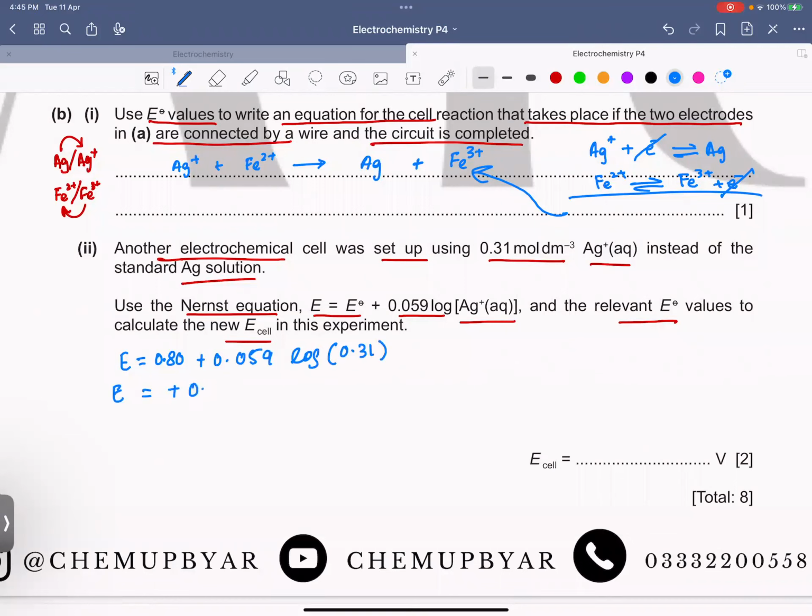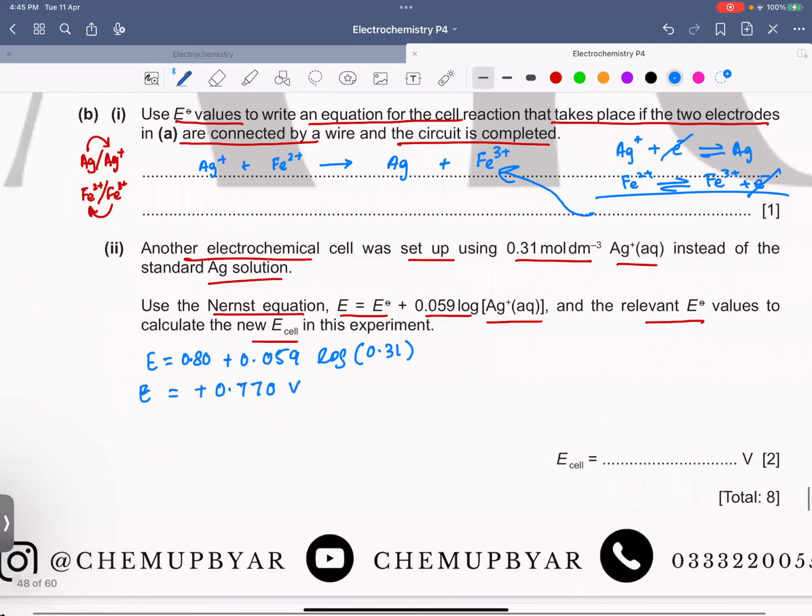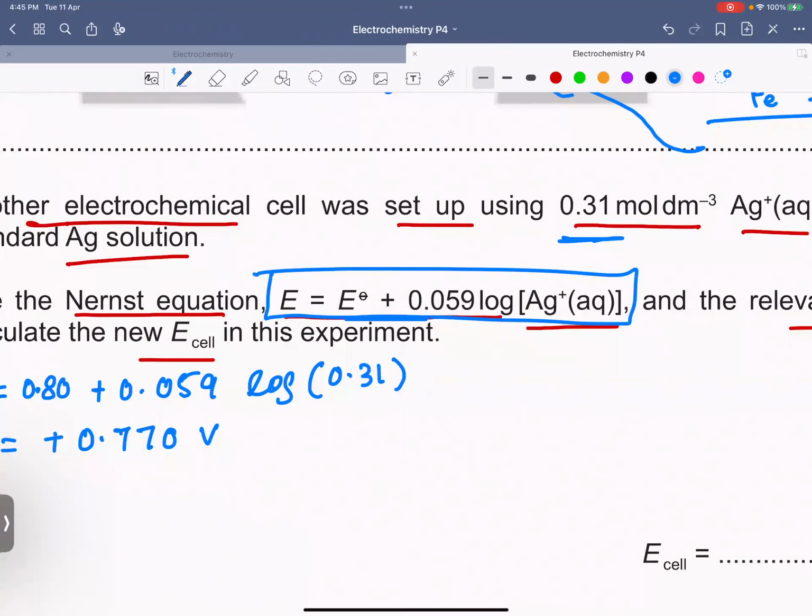So this is the new E value, which is a formula. See, yes, it's a formula over here. Look, that's why we have added E naught 0.80 plus 0.0591.